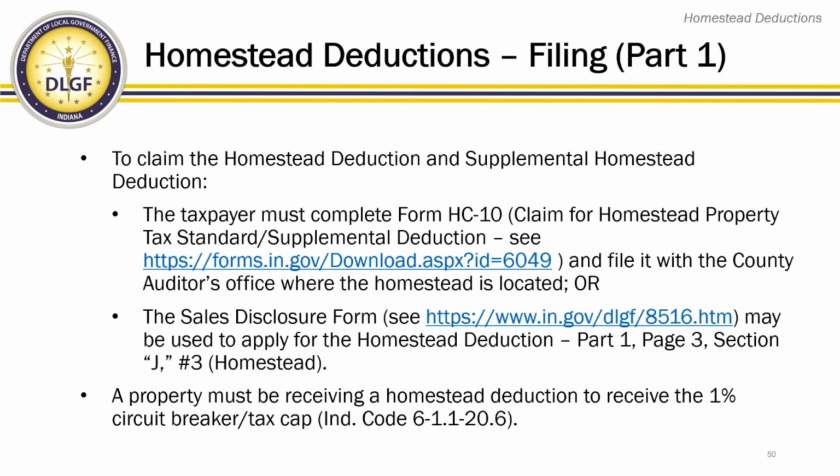It also references if you are currently receiving one at the property that you are moving from or selling, and if you would like to apply for the homestead deduction on the one you have purchased and are moving to. A property has to be receiving a homestead deduction in order to be considered under the 1% property tax cap.